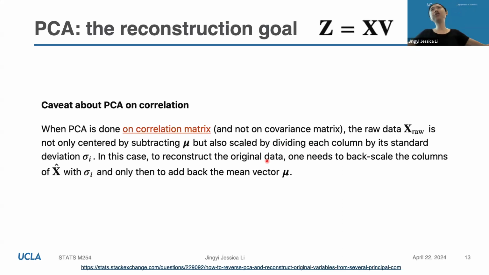For example, if feature 1 originally has standard deviation 3, then during the scaling process, after centering, you divide that column by 3. Then you do PCA, right? And then once you get X hat, you need to multiply column 1 of X hat by 3 to multiply that back and then shift the center back. So we need to worry about the scaling for reconstruction, not just the centering.